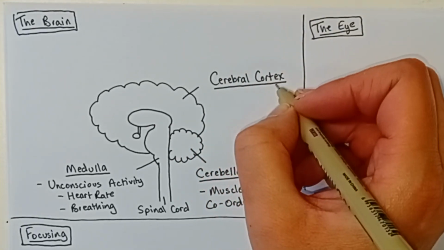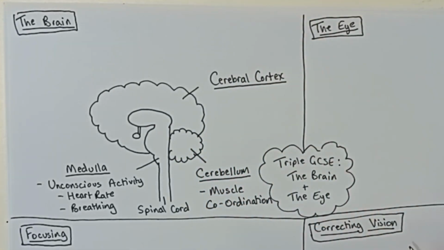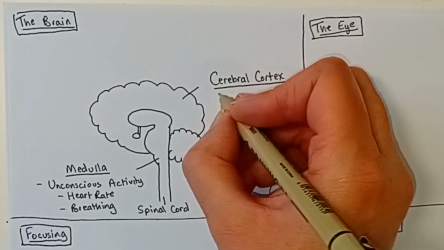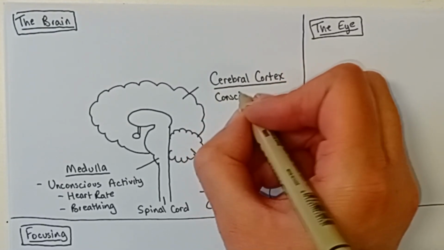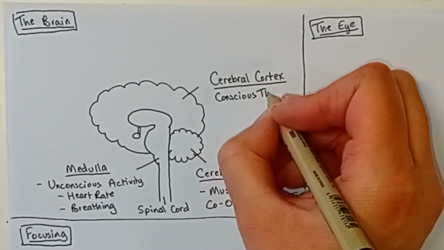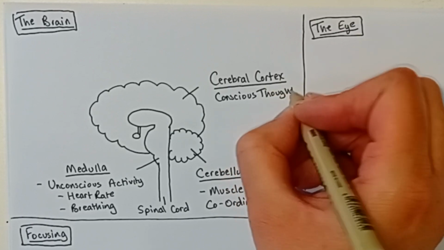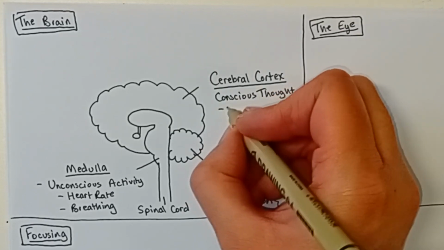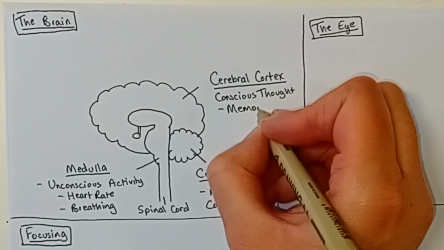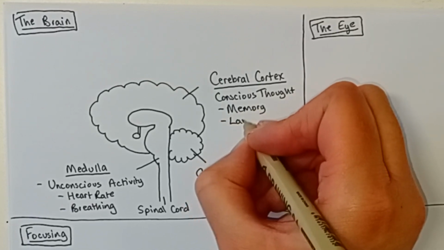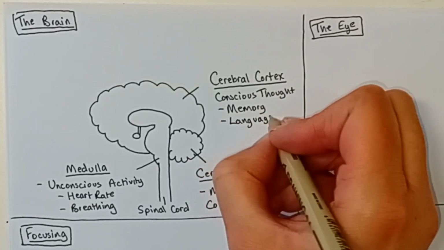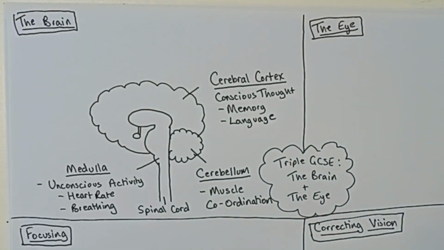And the cerebral cortex is in charge of conscious thought. So things like memory, language are processed here.